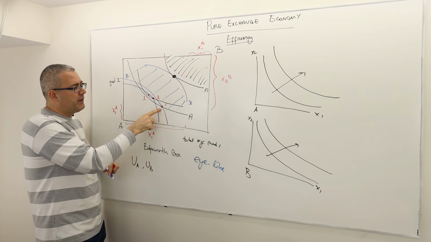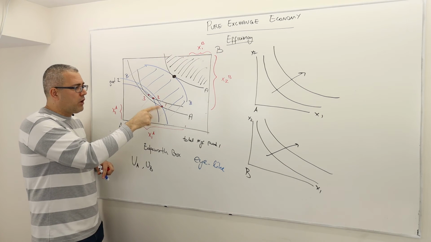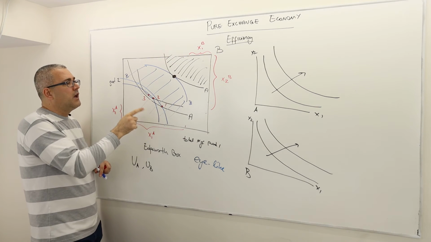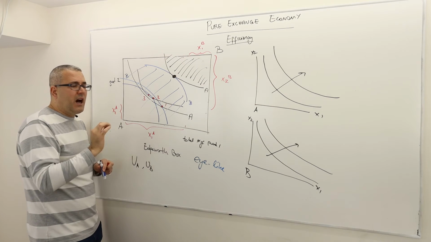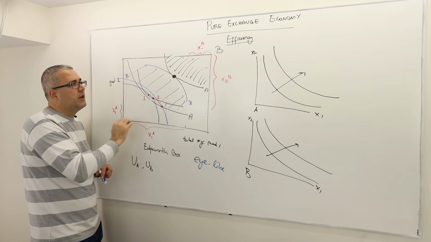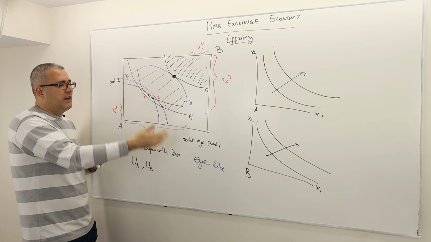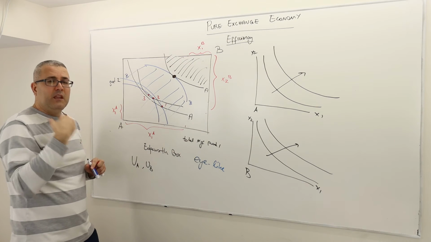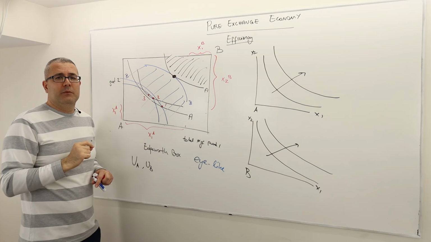Here, remember, they're crossing each other. At point 1, they're crossing. At point 2, they're crossing. If crossing, then we are definitely going to have an I-like situation. But if they're tangent to each other, we can't find a region where improvement is possible. Therefore, this point is Pareto optimal.